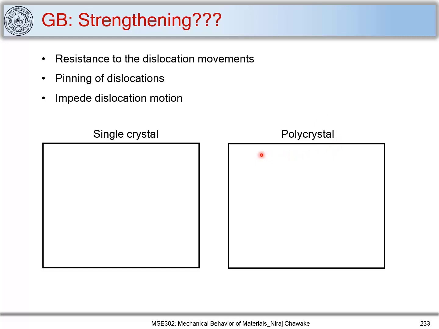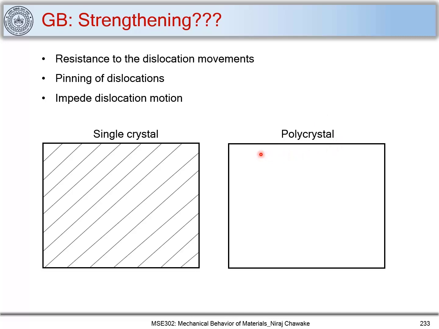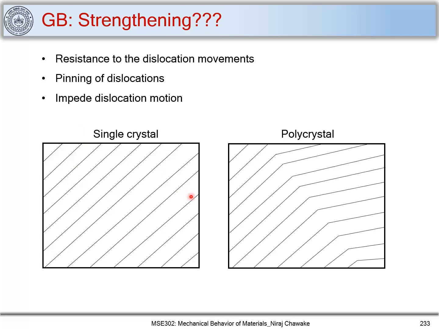Let's consider these are the slip planes in a single crystal, and there will be no grain boundaries here. In a polycrystalline material, you have these slip planes and you have this boundary because there is a change in orientation. Now say you have a dislocation over here in the single crystal, and you apply a stress. This dislocation will glide and come onto the surface. This is what we have seen.